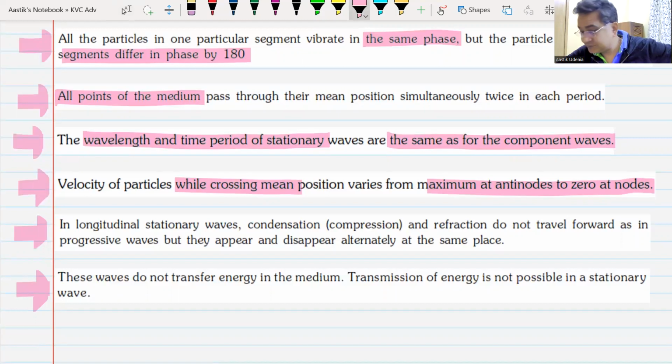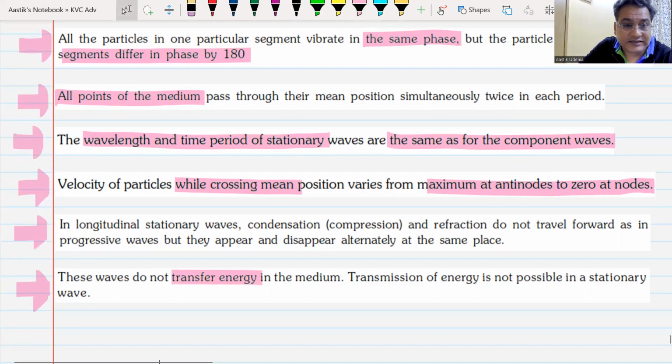It transfers energy. But this stationary wave does not transfer energy. It stores energy in one region, but the energy cannot be transferred. Do we understand it? Yes or no?